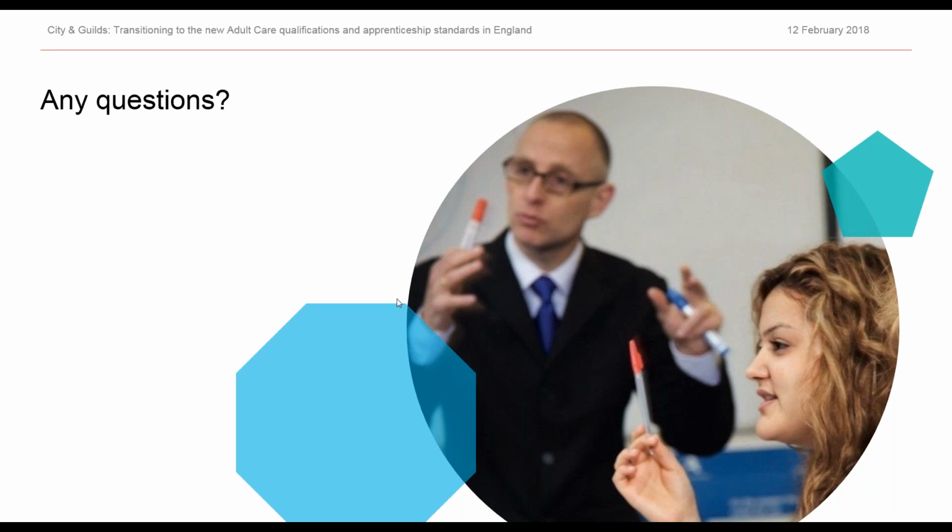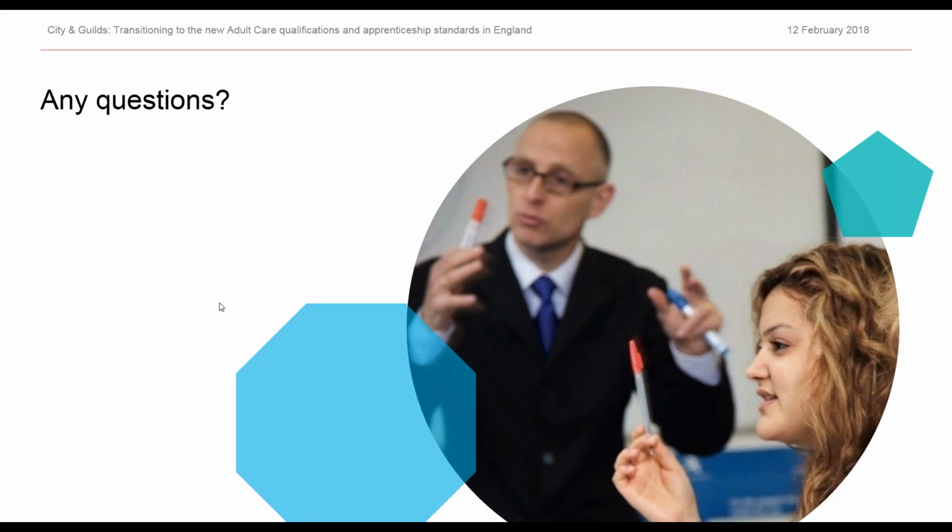What's the biggest difference between adult care and a healthcare support worker? In terms of the apprenticeship standards, I think it's actually the context in which the learner works. So with healthcare support worker, you would expect the learner to be working in a health setting.